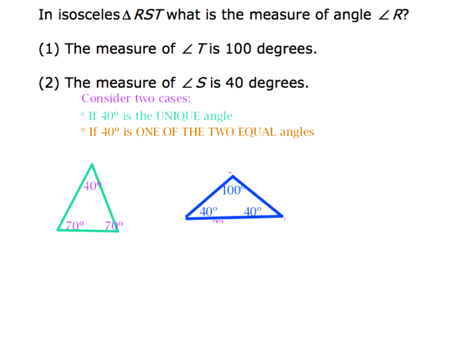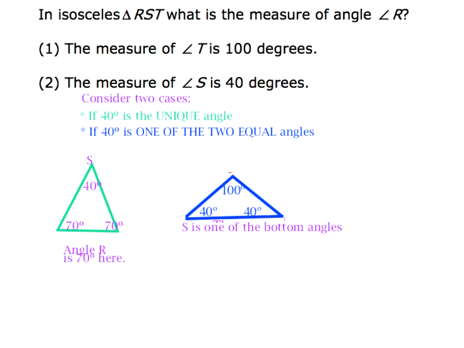So let's color code those statements. If you have the green case, then you have the green triangle, and if you have the blue case, then you have the blue triangle. Notice that in this case, this is going to be angle S, and in this case, S is one of the bottom angles. In this case, you know that angle R is definitely 70.